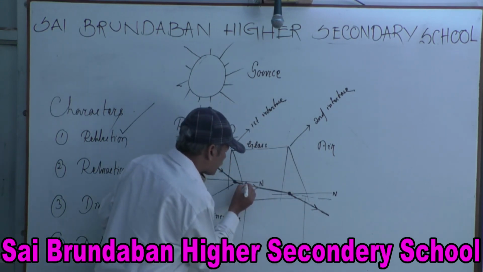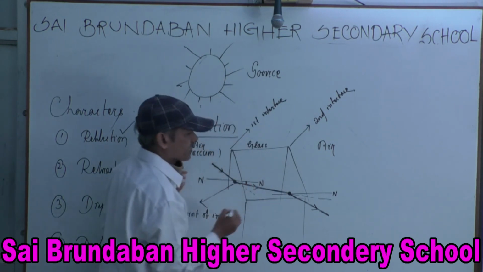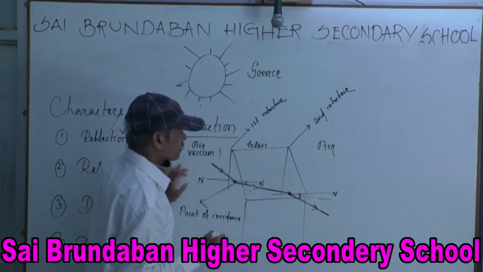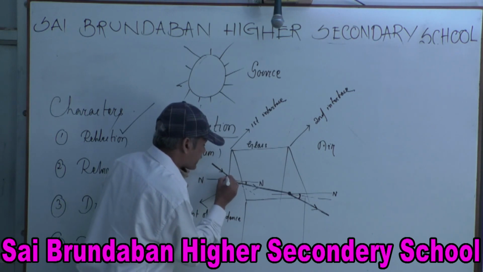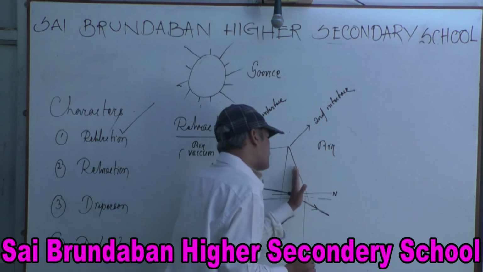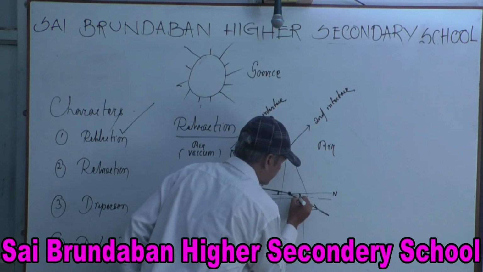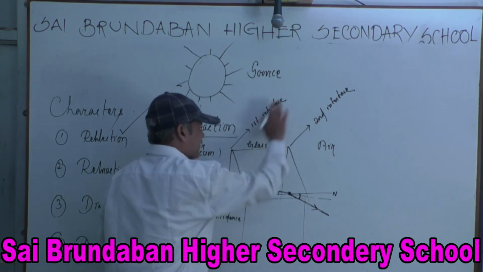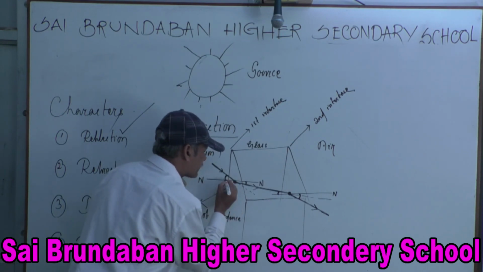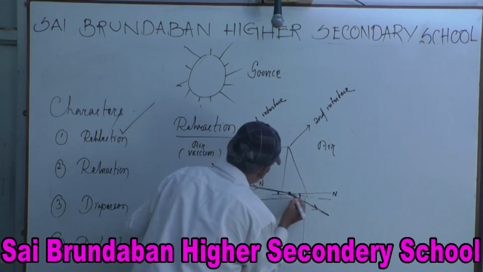You see, this is called angle of refraction. This is called angle of incidence. For this surface, this is angle of incidence, this is angle of refraction. For this interface, this is angle of incidence, this is angle of refraction. For the second interface, this is angle of incidence, this is angle of refraction.